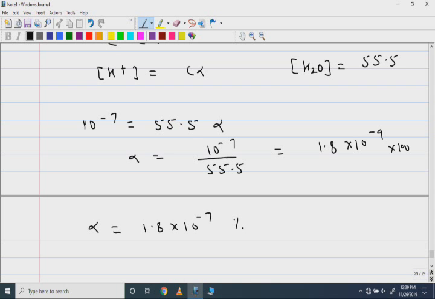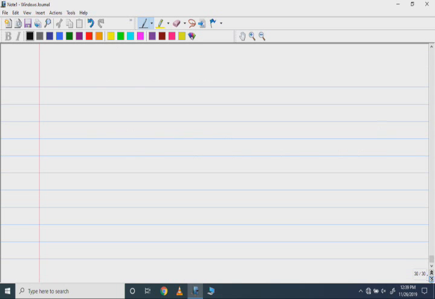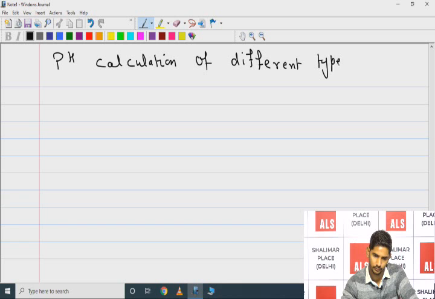Okay guys, so let's start. pH calculation of different types of solutions.